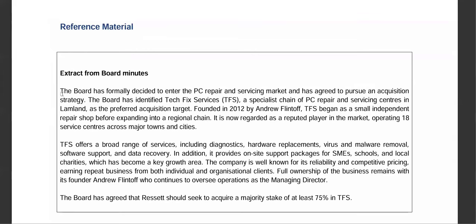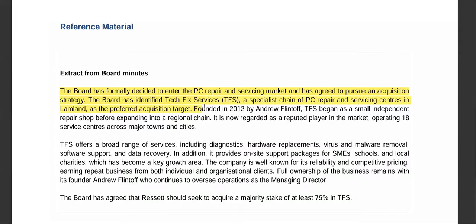We are told that the board has formally decided to enter the PC repair and servicing market, and the board has agreed to pursue an acquisition strategy. The board has identified Tech Fix Services, TFS, a specialist chain of PC repair and servicing centers in Lamland as the preferred acquisition target.